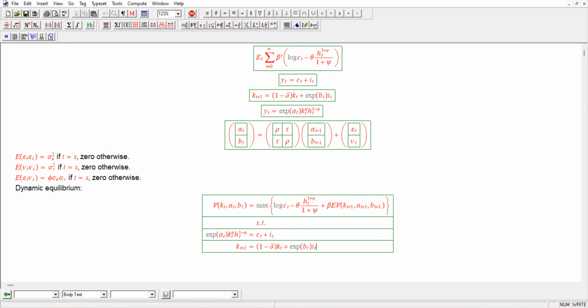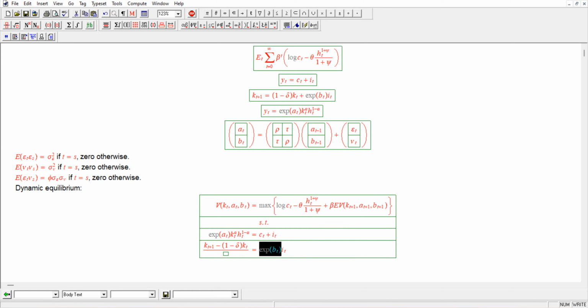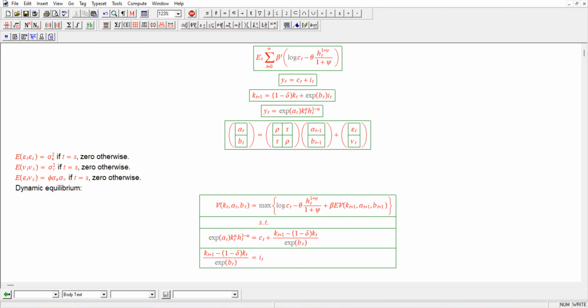Then we can rearrange this function so that we have it in terms of investments there, and finally we can substitute it in for investment here.